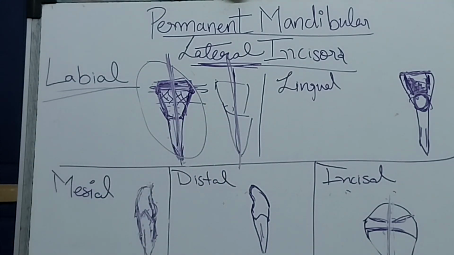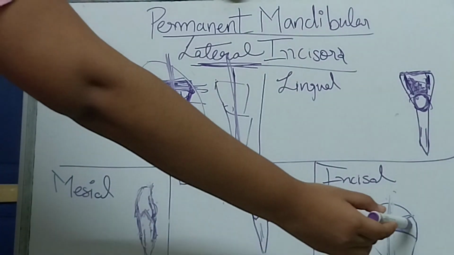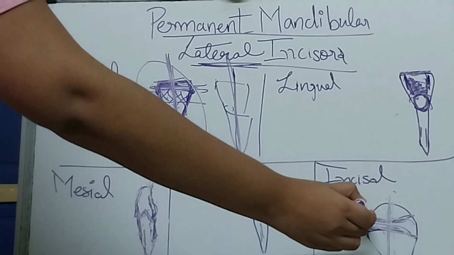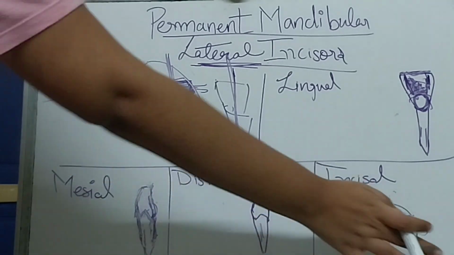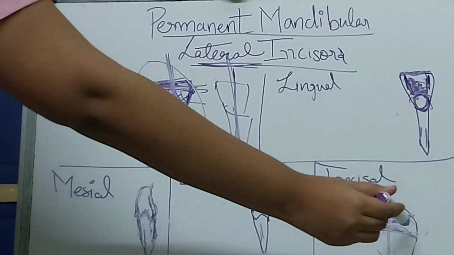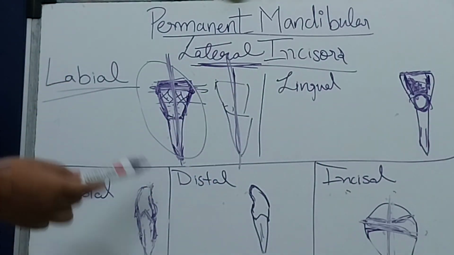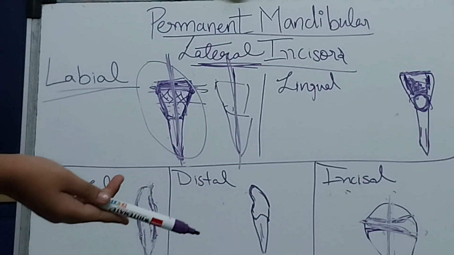Their root axes are almost parallel in the alveolar process, even though the incisal ridges are not directly in line. For the lateral it is a bit tilted, so it is not 90 degrees, but for the central it is straight, so it forms 90 degrees.